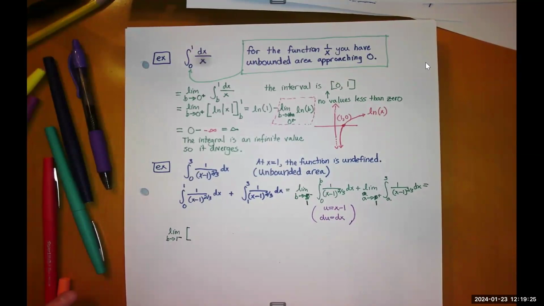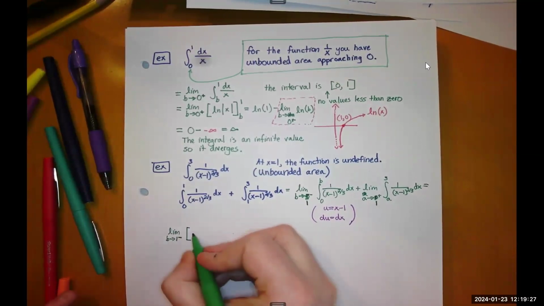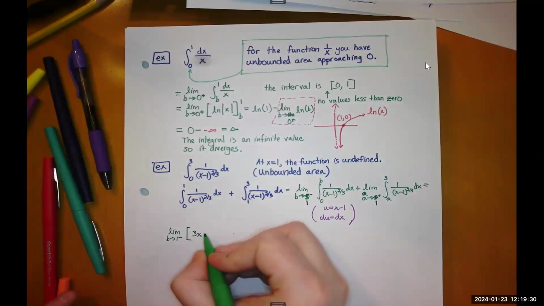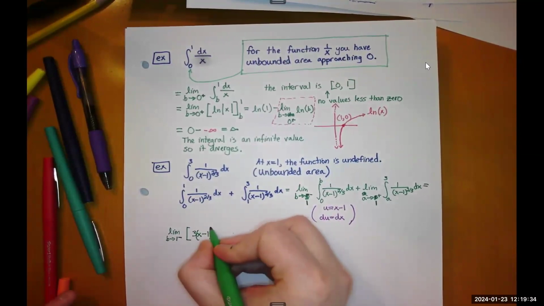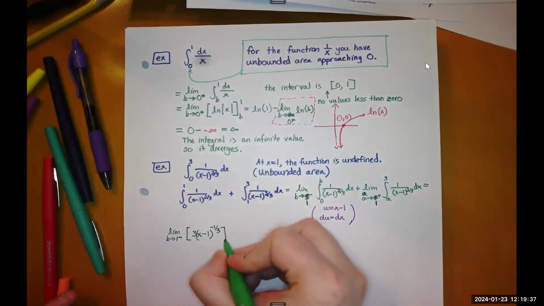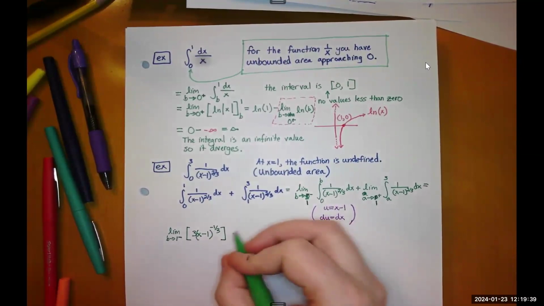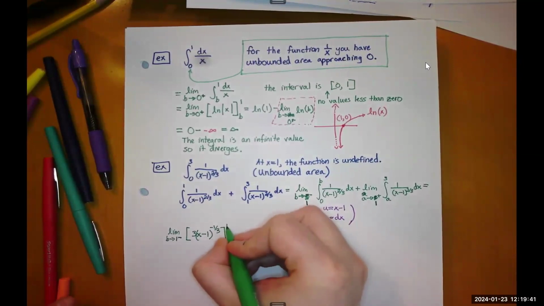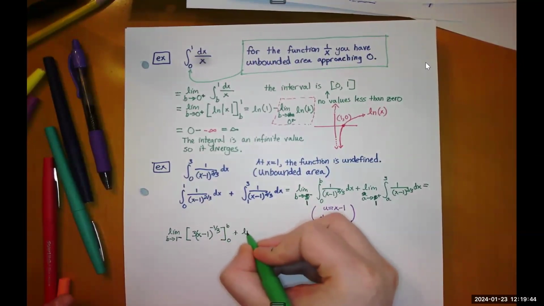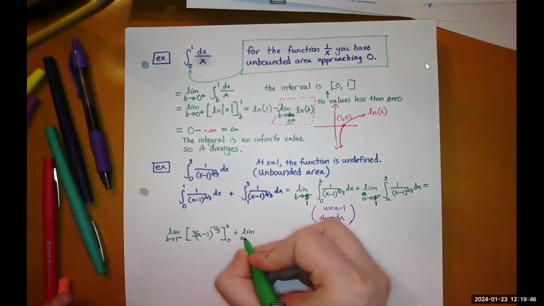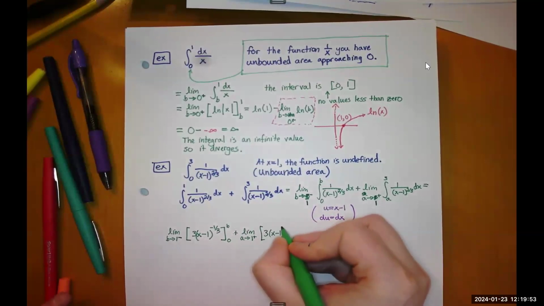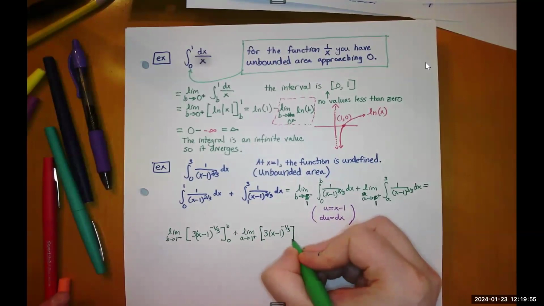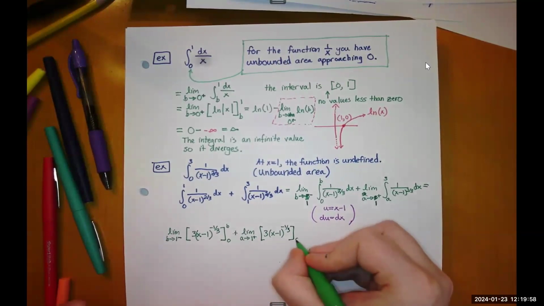So negative 2/3 add 1, positive 1/3, reciprocal 3. 3 times quantity of x minus 1 to the 1/3. That's evaluated from 0 to b. And same antiderivative, 3 times quantity of x minus 1 to the 1/3 power from a to 3.